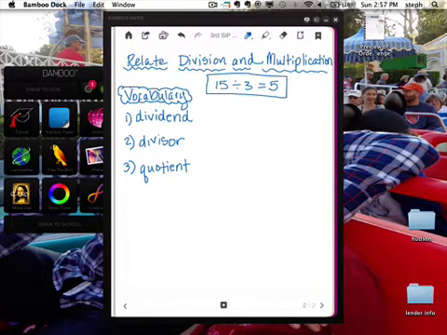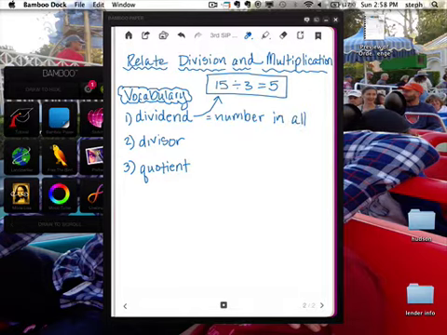With division, you have problems, and you have vocabulary that goes with the problem. So, for example, the dividend is the number in all. So we're talking about 15. So whatever is being divided up, number in all.